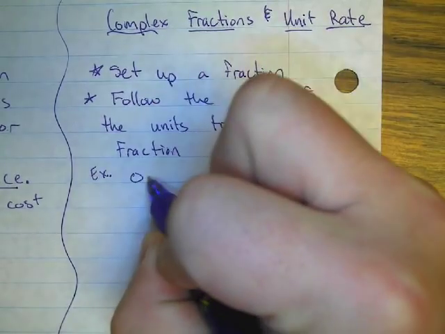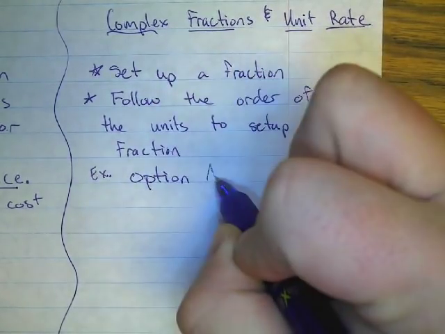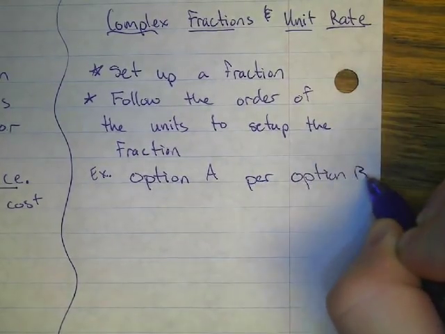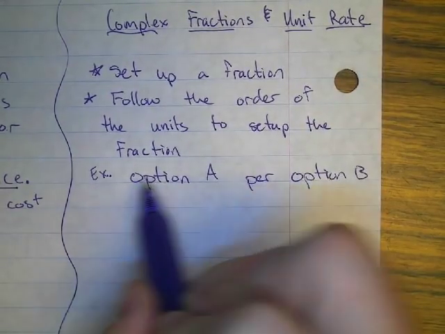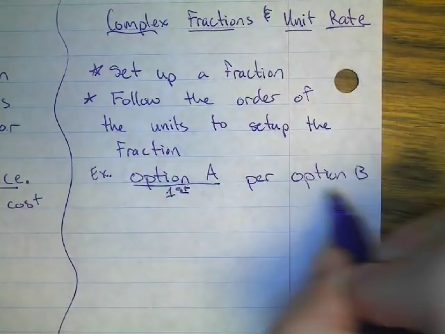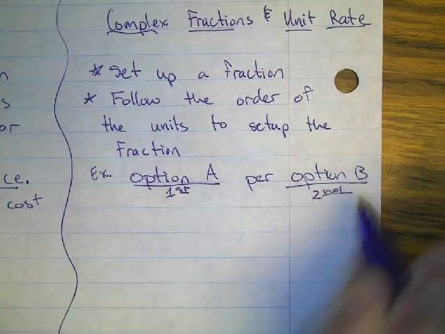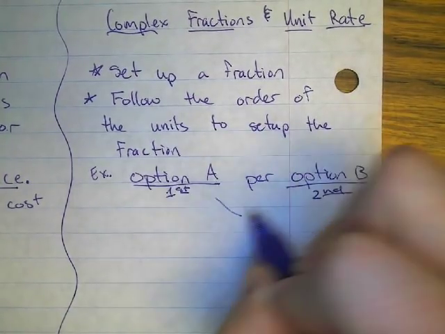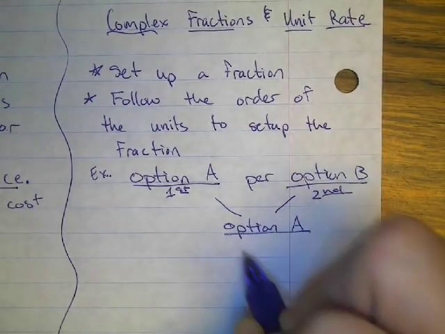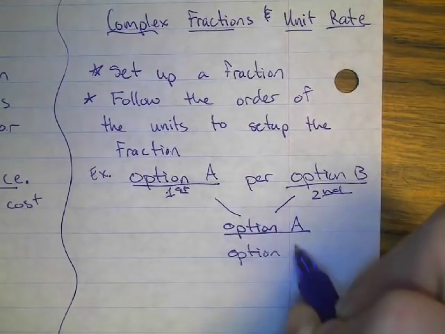For example, option A per option B, this order. So this is first, and this is second. So this comes first, and this comes second. So we can say option A divided by option B.